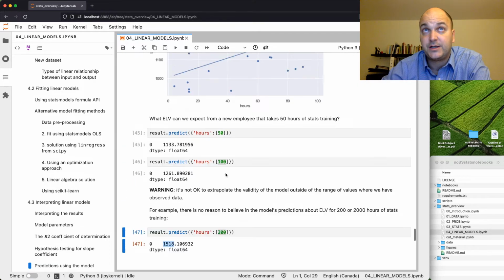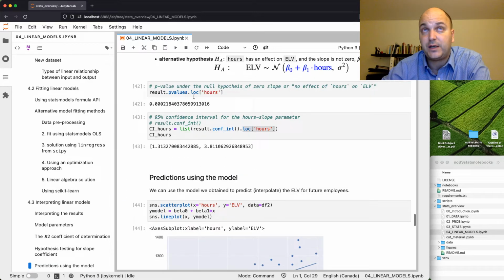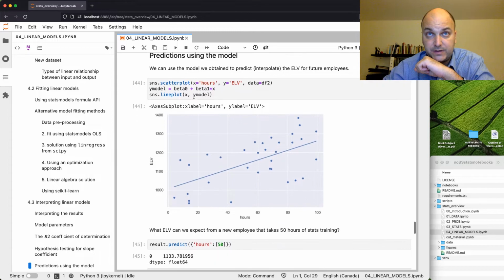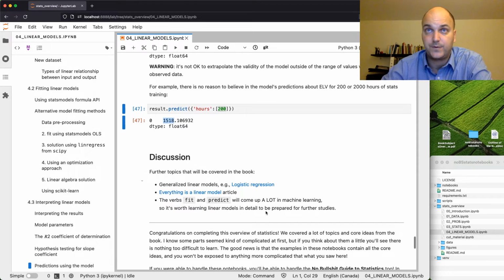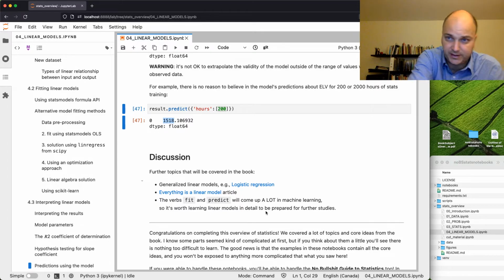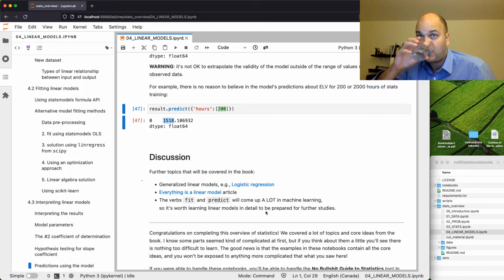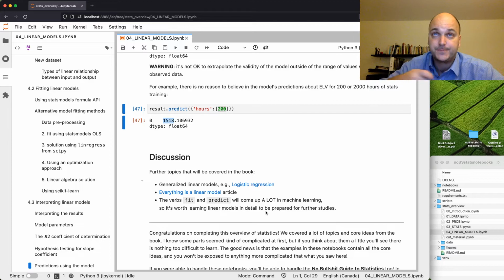In addition, this notion of fitting a model, optimizing, choosing the best parameters is a very important concept in machine learning. Learning about linear models is pure, classical statistics, but you're setting up your knowledge and the vocabulary for machine learning.